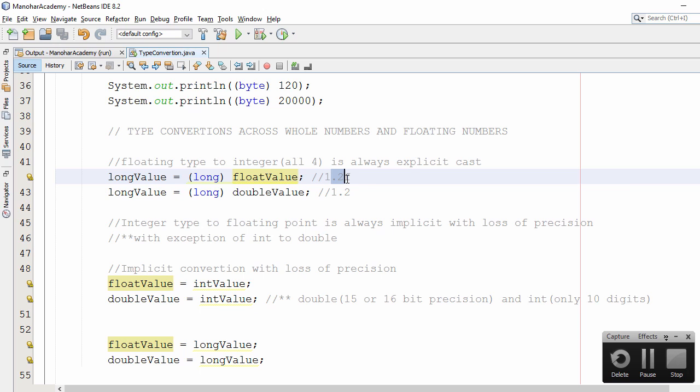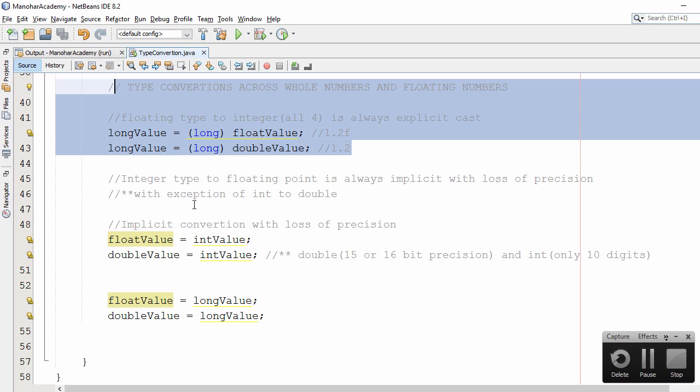It has a fractional part which cannot be saved in an integer value. So whenever you convert something from floating point to integer type, the floating value will be truncated. So there is always going to be loss of precision or value, right? So you have to always convert explicitly. Compiler will not allow you to convert from floating point to integer type unless you explicitly cast it. So very simple.